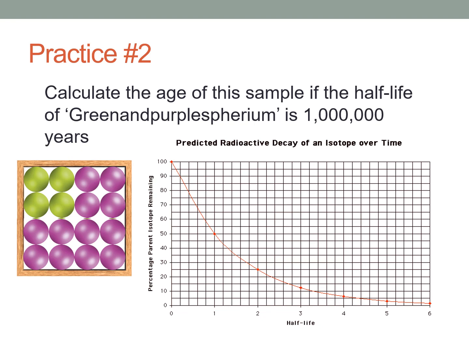So 4 divided by 16 times 100 to give yourself a percentage, that's going to be 25%. So 25%, you find that on the graph. You go over to where that meets the line, and that's right here at 2 half-lives, okay?